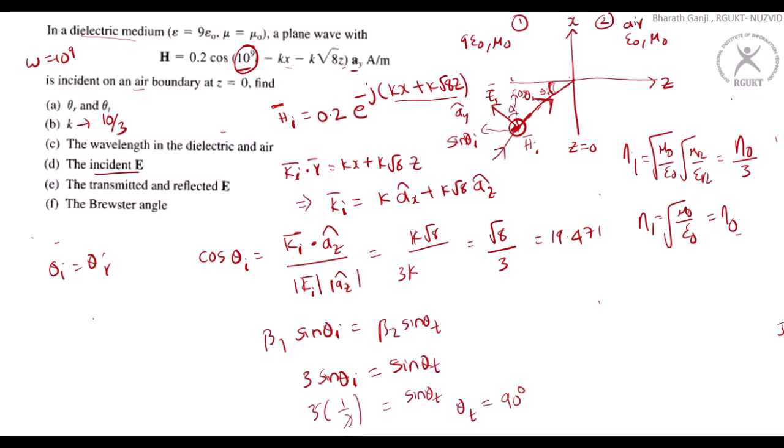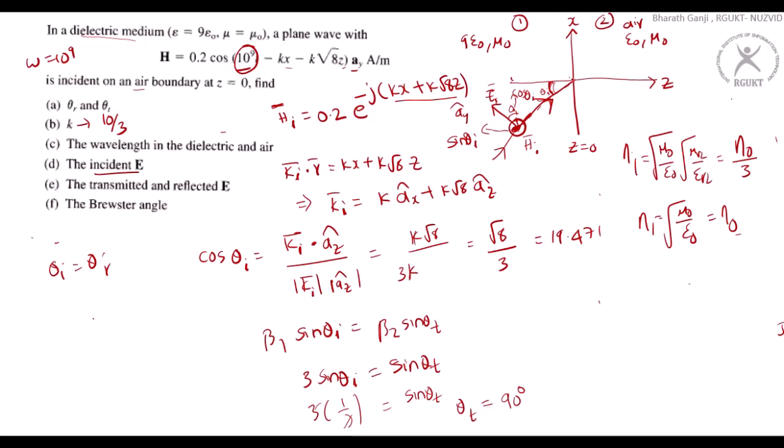You can check this one also. We can also verify: sine square theta I is 1 minus cos square, it is 8 by 9, so you can see that it is 1 by 9, so sine theta I is nothing but 1 by 3. So it cancels out perfectly and gives you theta t which is 90 degrees.